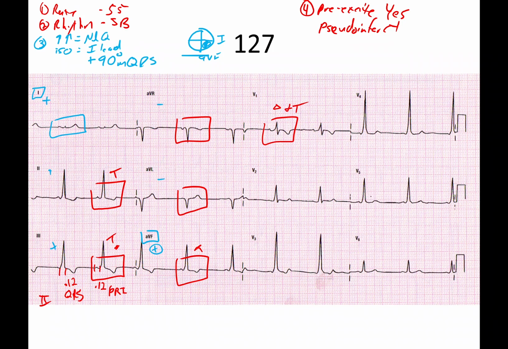And that would be about that. So we'll say yes to that as well. All right, there you have it. That is pre-excitation and how to find it using delta waves, PRI, and QRS. Next up is going to be step number 5, hypertrophy.